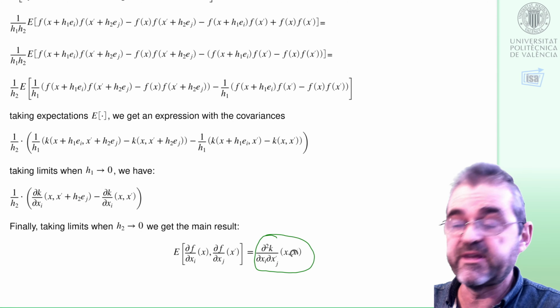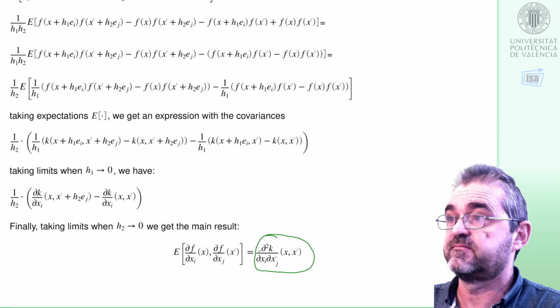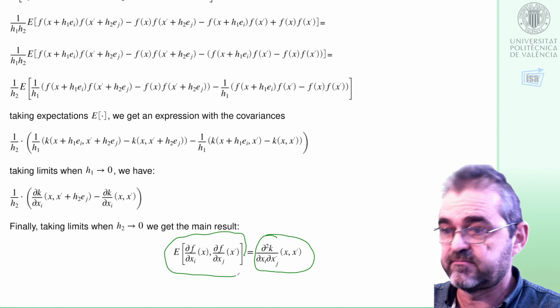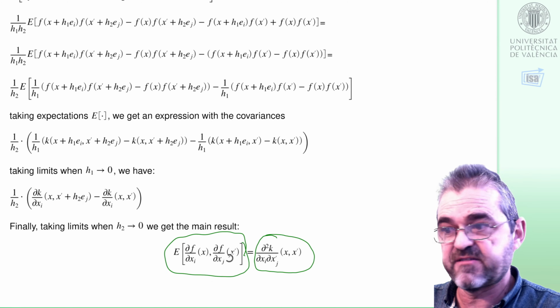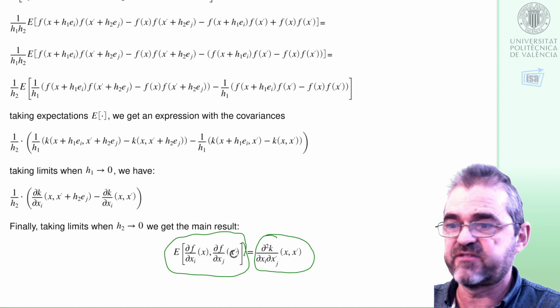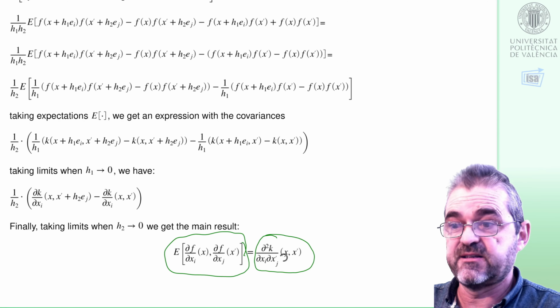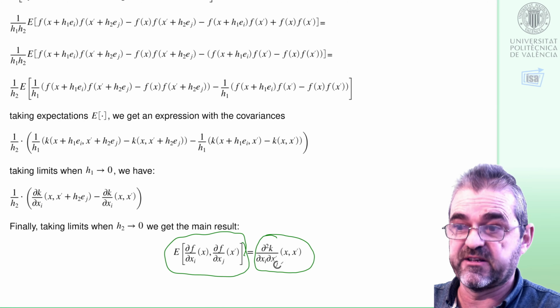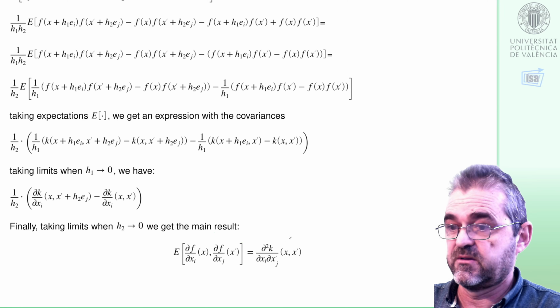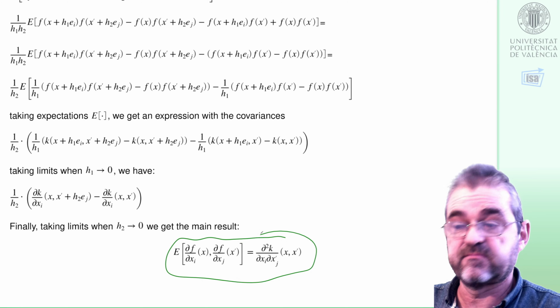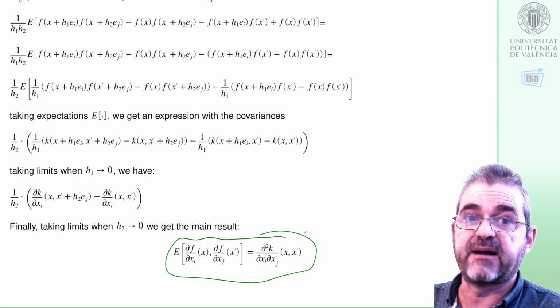So we end up saying that the covariance between the partial derivatives, different directions, different points, is this cross derivative of the covariance function. So that is the main result of this last part of my video.